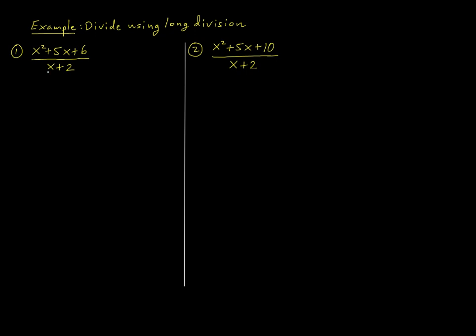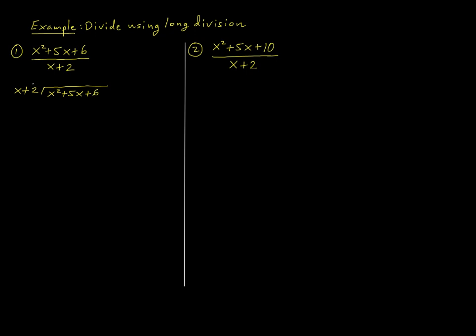For our first example, we have x squared plus 5x plus 6 divided by x plus 2, and we're going to divide here using long division. We'll set this up in just the same way we did the division problem with whole numbers. My divisor is x plus 2, and it's going into the dividend of x squared plus 5x plus 6.